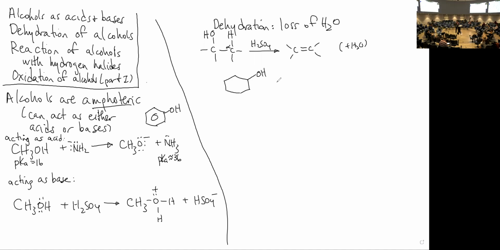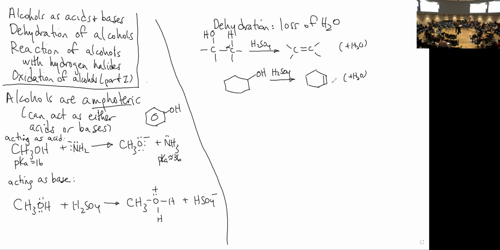If we were to take cyclohexanol and treat it with sulfuric acid, we would get cyclohexene. So we'll remove, there's 4 hydrogens next door to the carbon bearing the alcohol functional group. All 4 of those hydrogens are the same. It doesn't matter which we take off. The product is going to be cyclohexene. And yes, you will, of course, get water as well.